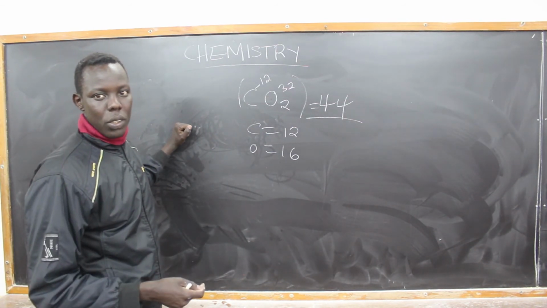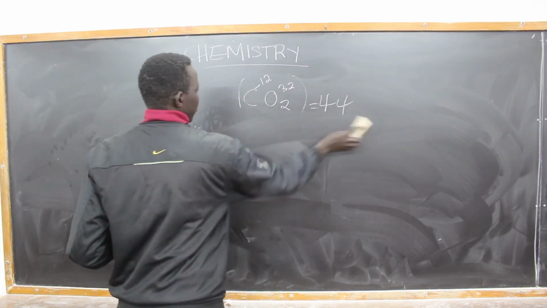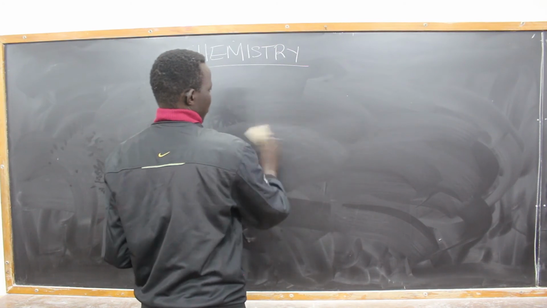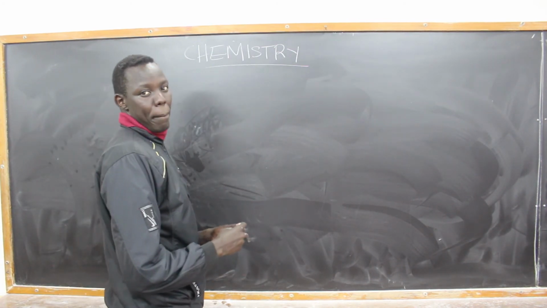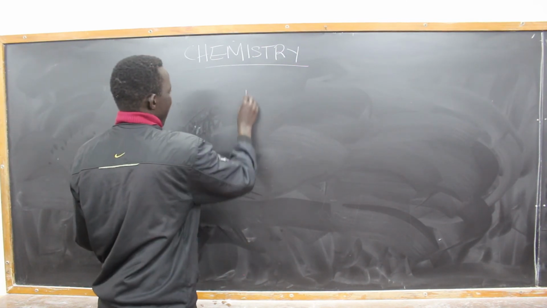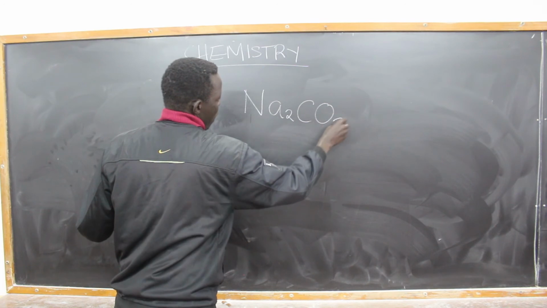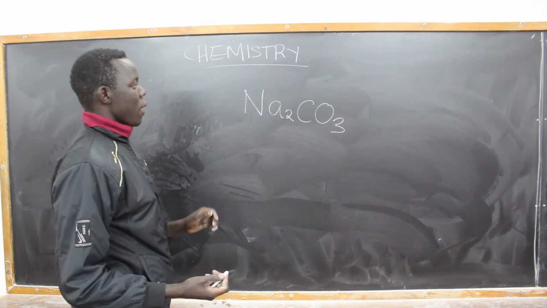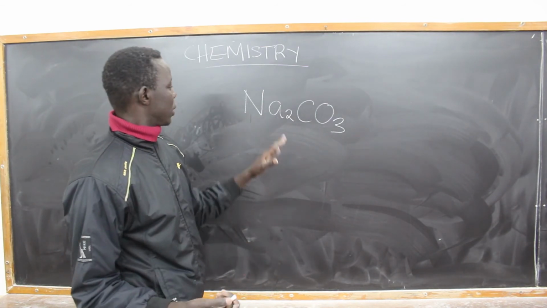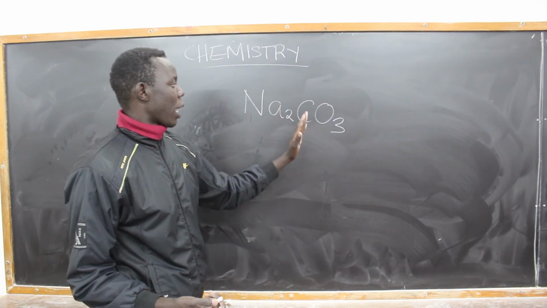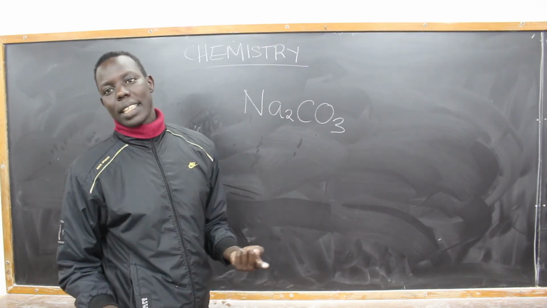Sodium carbonate, the RFM of sodium carbonate. Very simple. What are the atoms making up sodium carbonate? Sodium, carbon, and oxygen. Sodium are 2, carbon is 1, oxygens are 3.